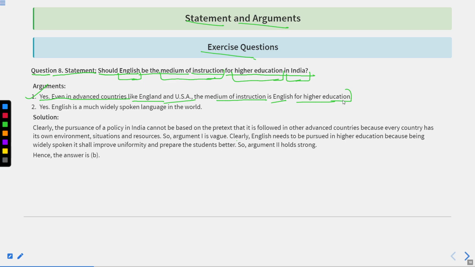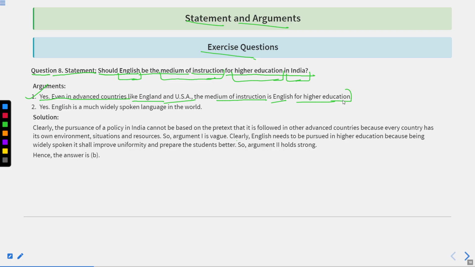So whenever there is a comparison between one thing, one country, one person, or one object with another, then we have to neglect it. Why? Because comparison cannot be the ground for a strong argument. And what we want to ensure whenever we are approaching any question of statements and arguments is that the argument, first, should be complementing the statement, and second, it should be a strong argument.